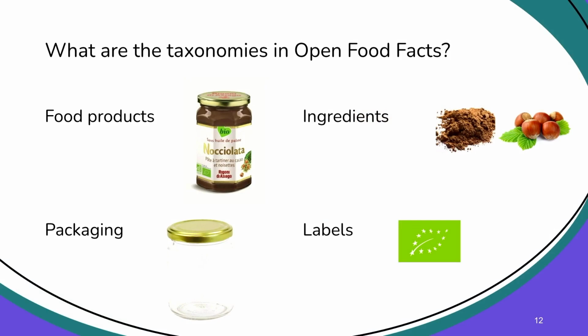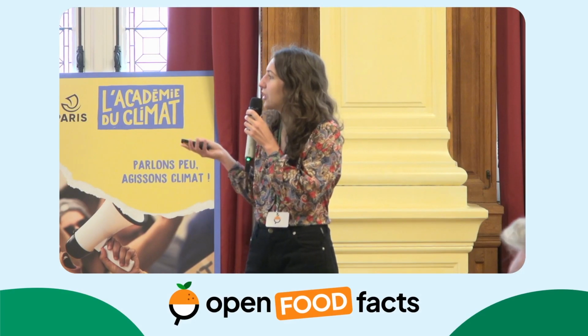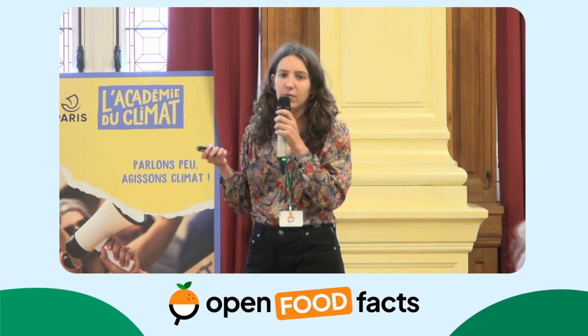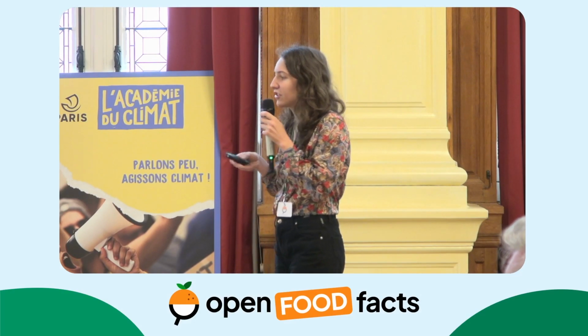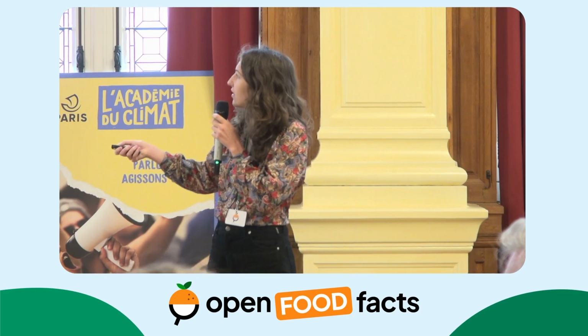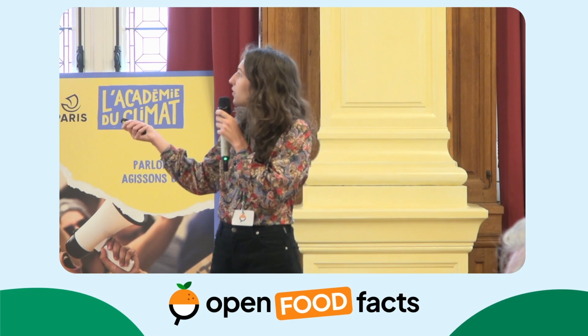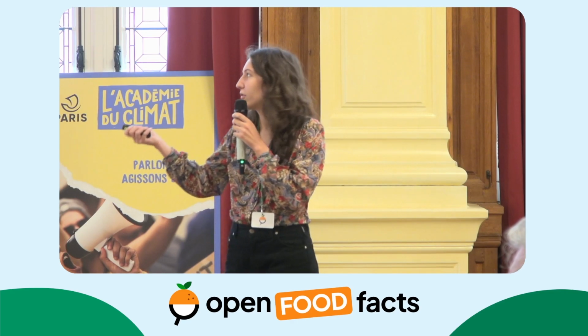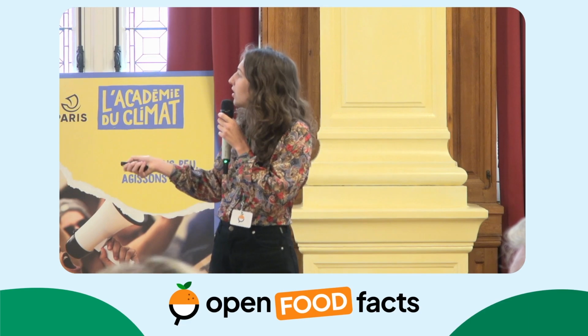And then we add several parameters to this score to be able to differentiate between products of the same category. One of these parameters is the presence of palm oil, which is a major factor of deforestation. And here you can see that the nocciolata doesn't have palm oil and has an eco-score of C, and Nutella, which has palm oil, has an eco-score of D.